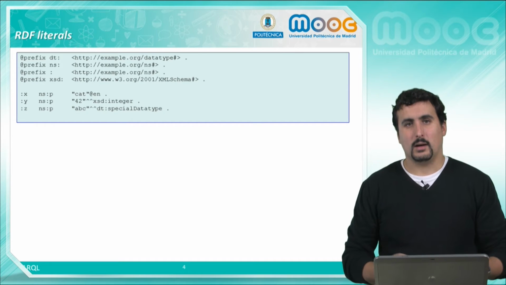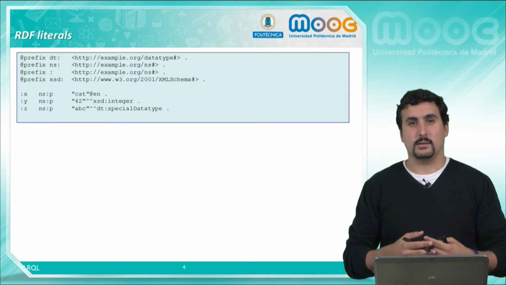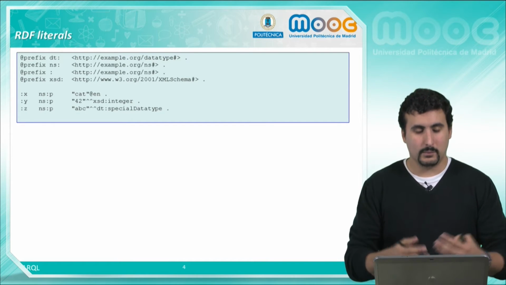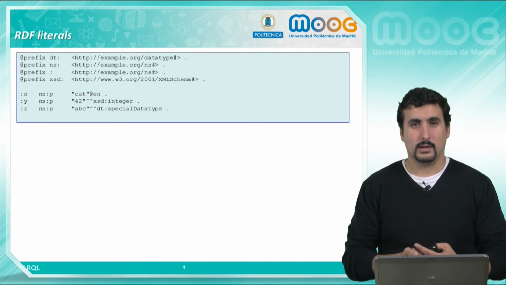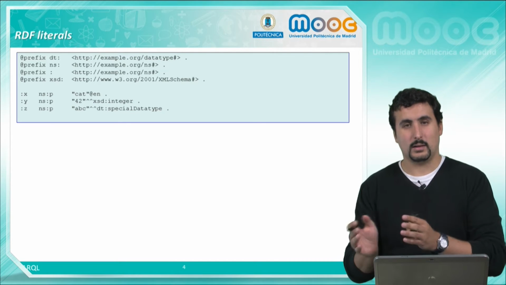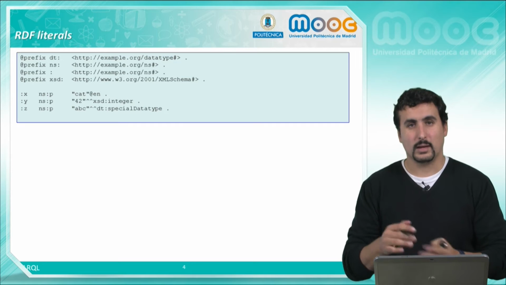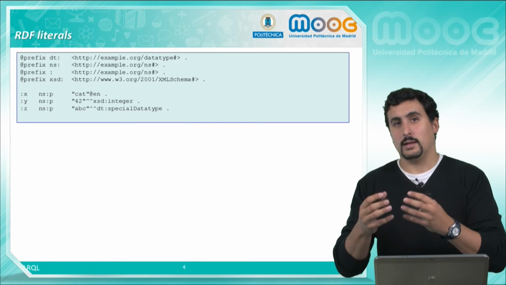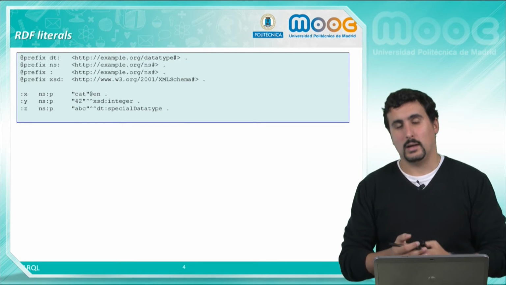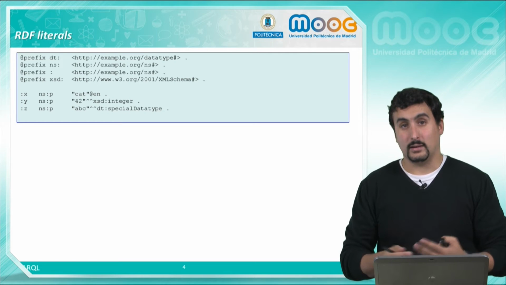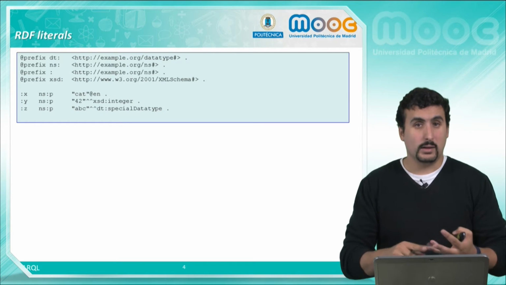We can include literals in our queries, doing special things for them. If we recall the RDF video, on the right part of a triple we can have either an object that is a resource, or it can be as well a literal, that is a date, a string, or a number.